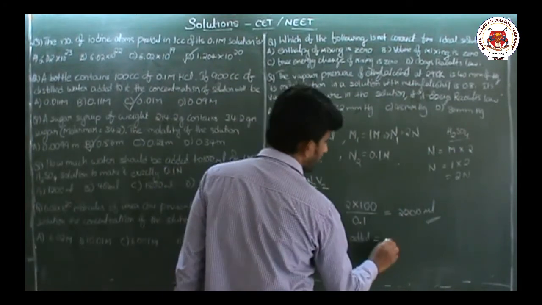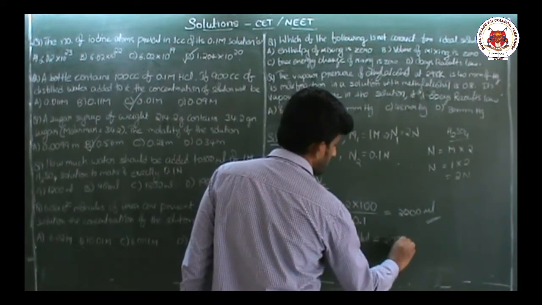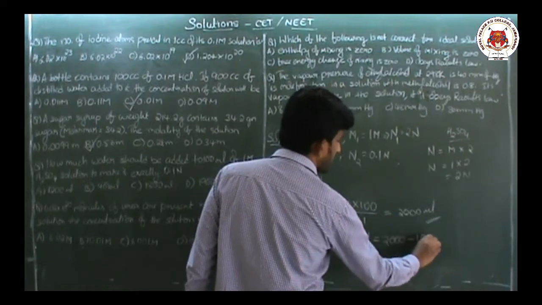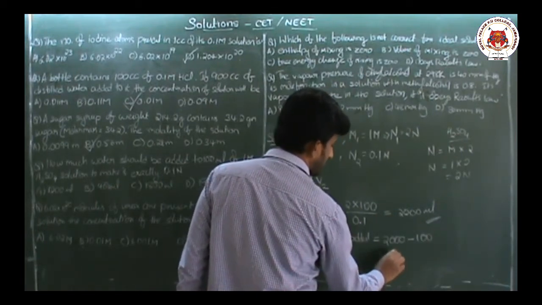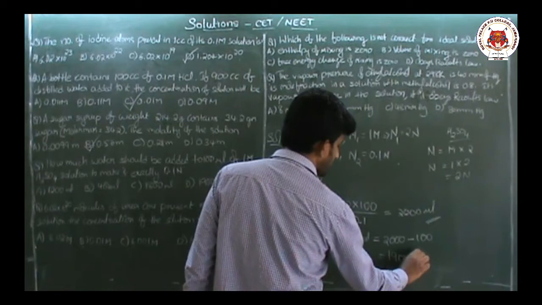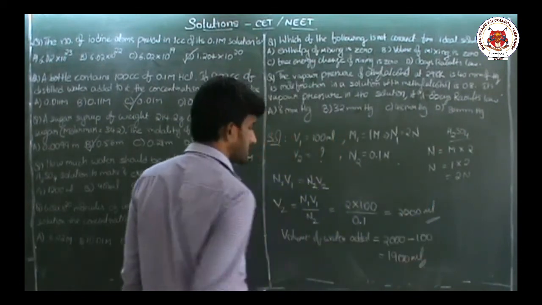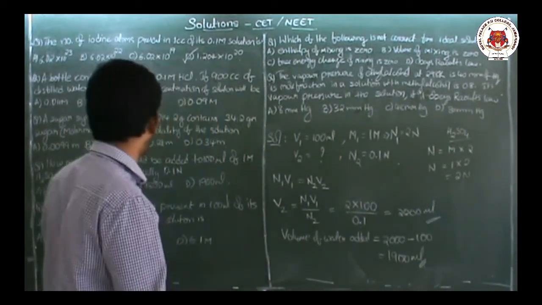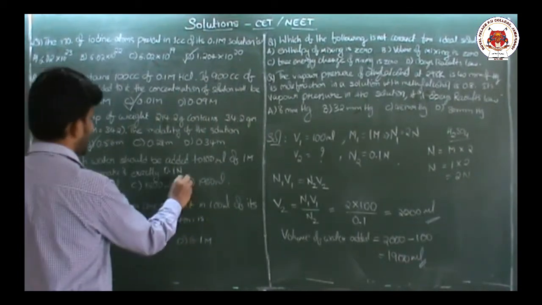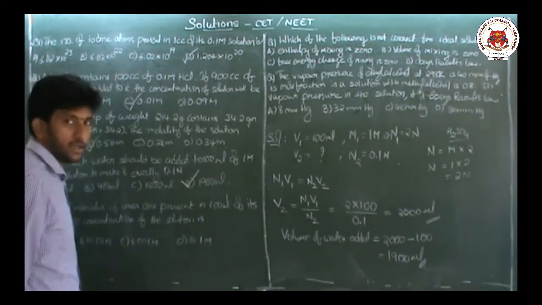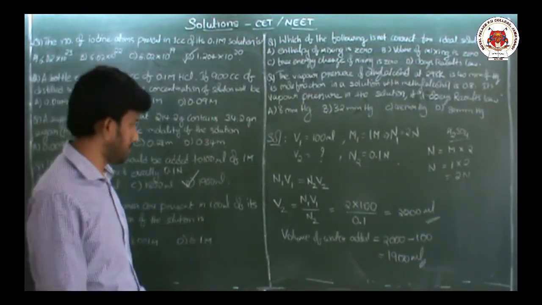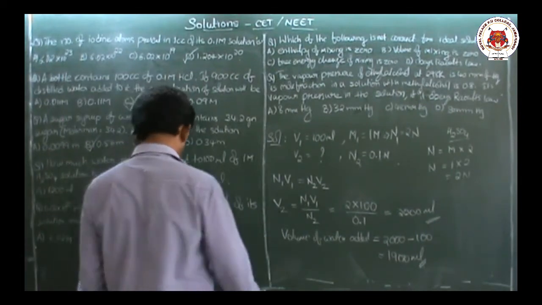Final volume you got is 2000, minus initially 100 ml. That means the exact volume of water you added to that given solution is 1900 ml. So that is 1900 ml, option D.